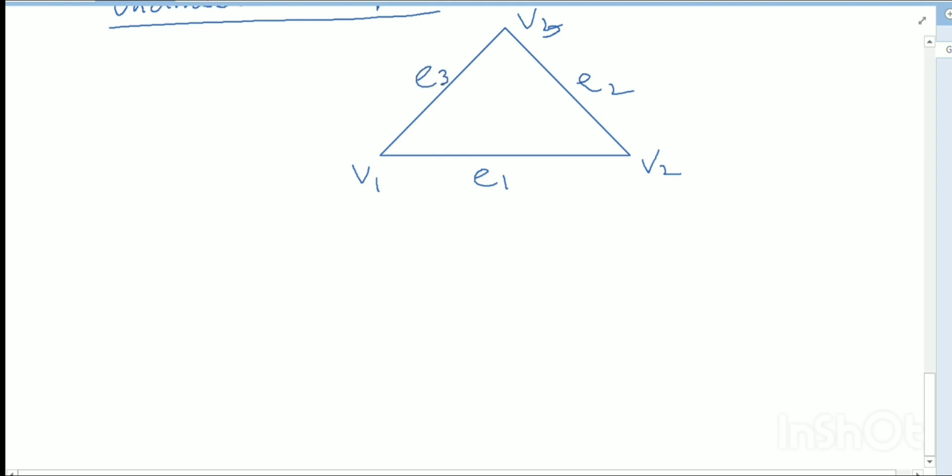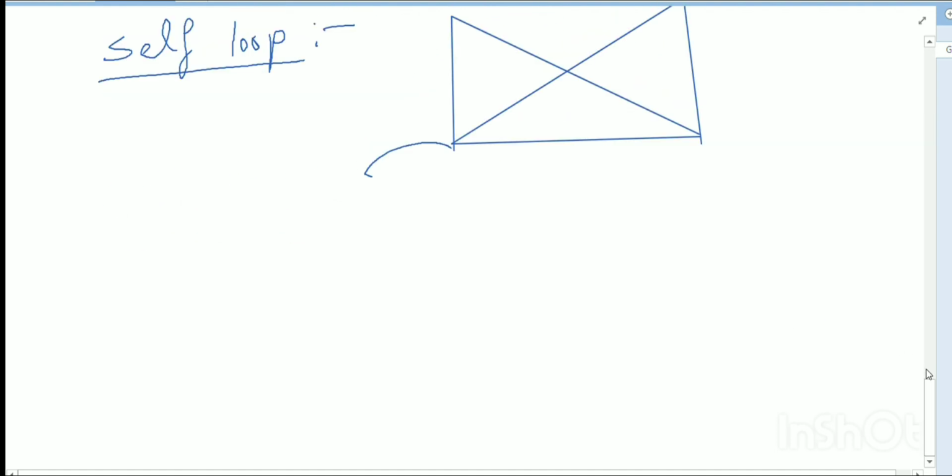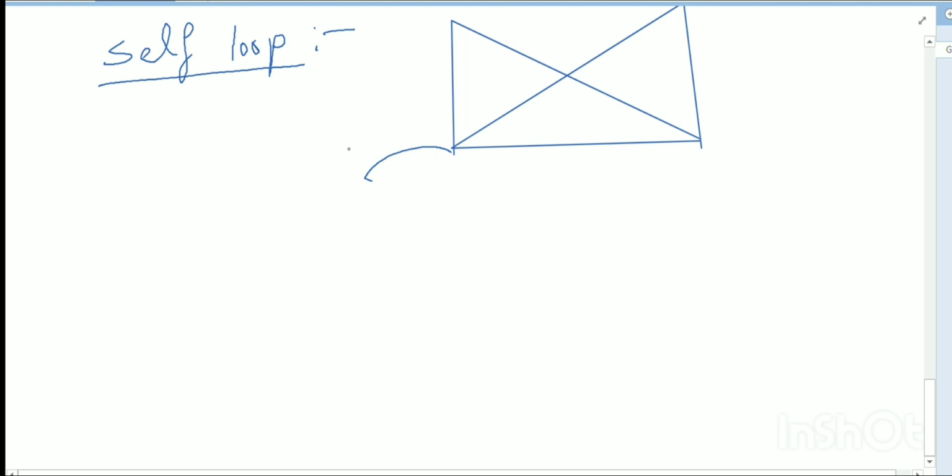Now friends, I will discuss self loop. An edge which starts and ends at the same vertex is called a self loop. In this diagram, you will see I am showing one example. You see the self loop edge is E6.